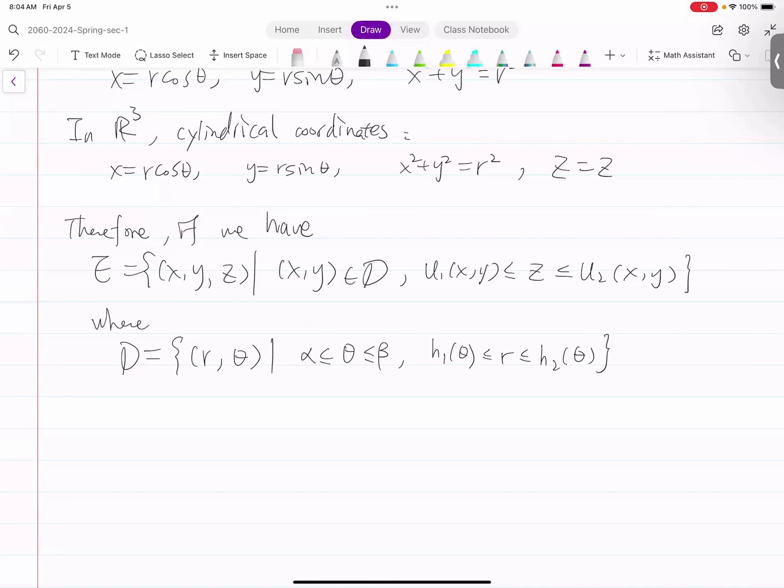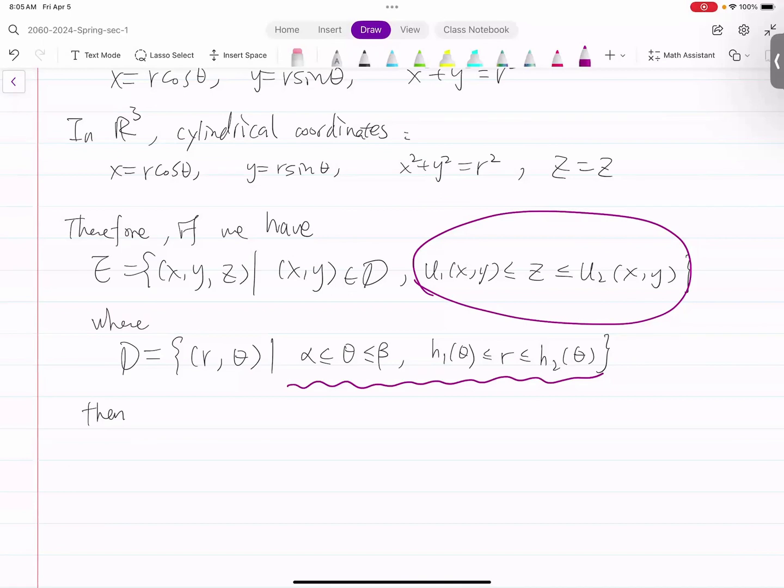So you notice that here, z is cut between u1 and u2, which rely on x and y, but eventually they will rely on theta and r. The region D is now described in terms of r and theta.